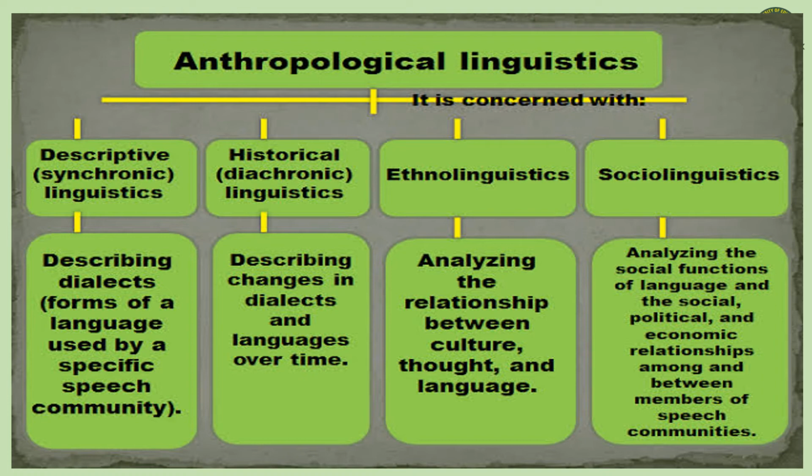And finally, sociolinguistics describes the relationship between language and society, because we all live in societies and we all speak languages, so there is a strong relationship between language and society. When we discuss various aspects including social, political, and economic, we basically study sociolinguistics.